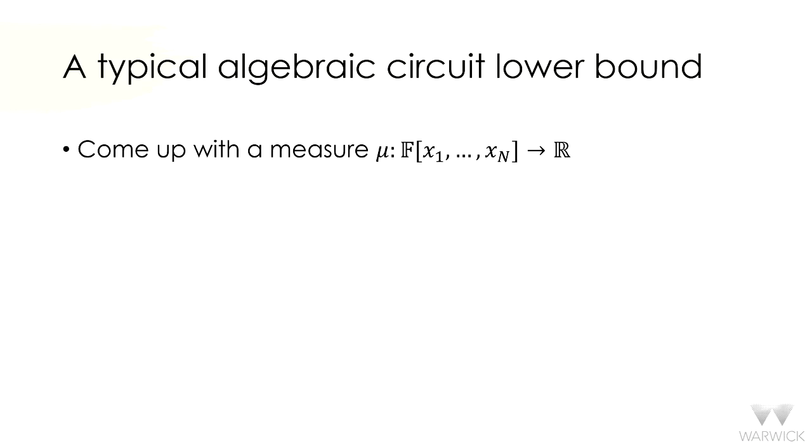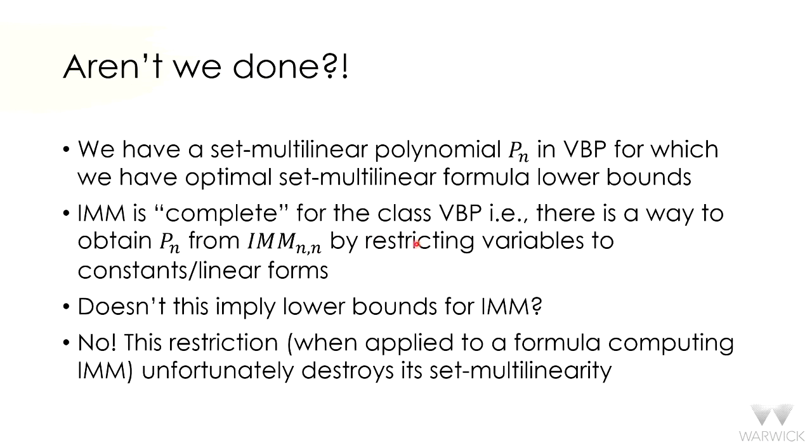The one point that I wanted to mention before I end is the following. You may think to yourself, well, I mentioned two things to you, right? That we are able to construct a set multilinear polynomial in VBP for which we have optimal set multilinear formula lower bounds.